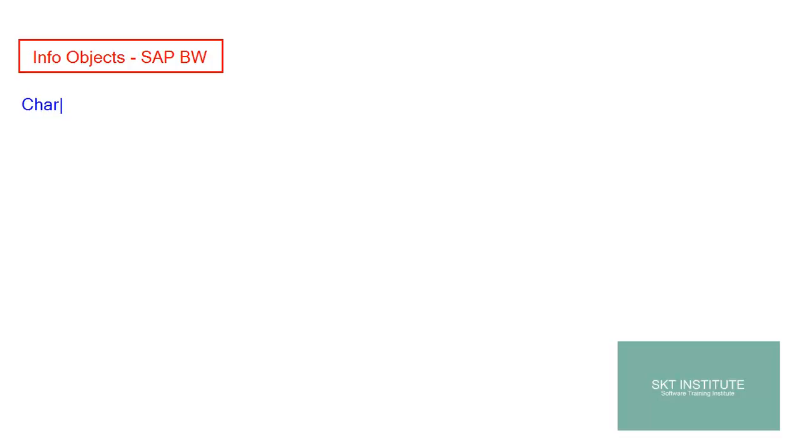Info objects are basic building blocks in SAP BW system. So info objects have been classified into two categories. One is characteristic info objects.